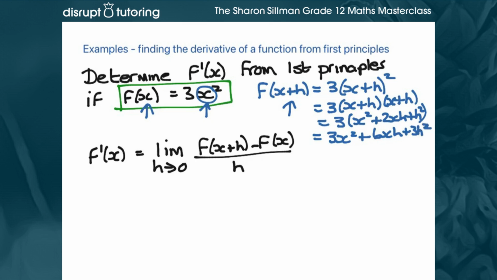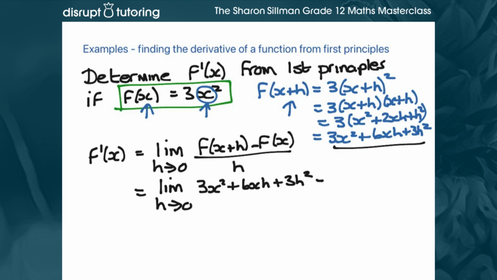So now we can go back to this formula and write the limit as h tends to 0, and now we are replacing f of x plus h with that we've just found. Subtract the function itself, so that's the function, 3x squared. If the function had 2 or more terms, you would need a bracket to show that you're subtracting everything, and that's divided by h.